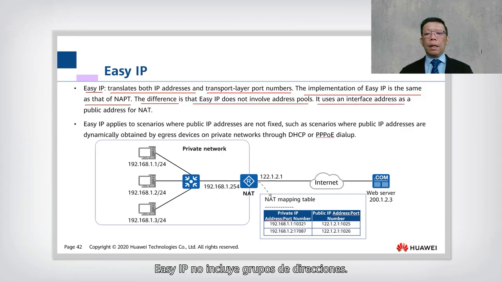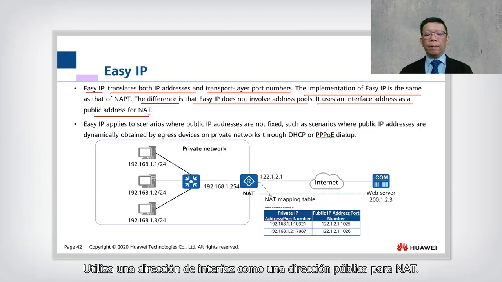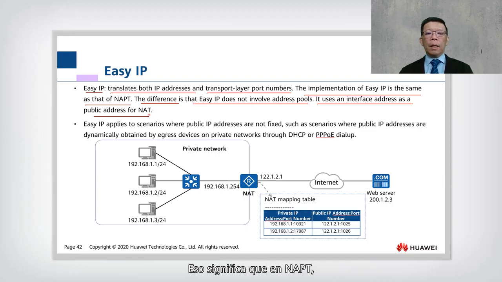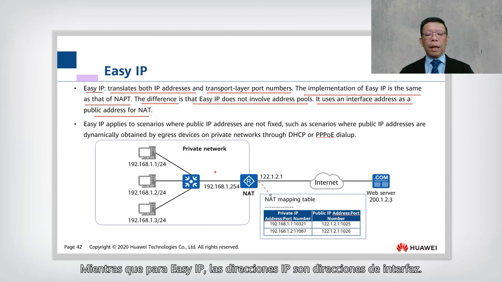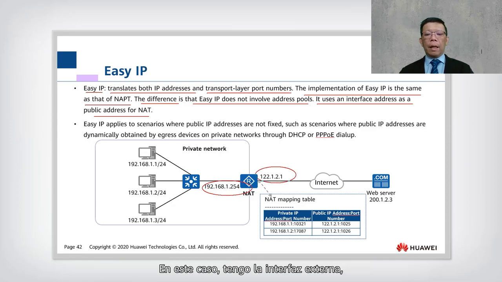It uses an interface address as the public address for NAT, which means that in NAPT, I can assign another public IP, whereas for easy IP, it is whatever IP address is on the interface. In this case, I have the external interface and this is my internal interface. The internal interface is always the same. The external interface will be used as the address to go out.